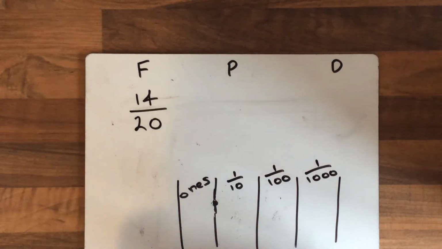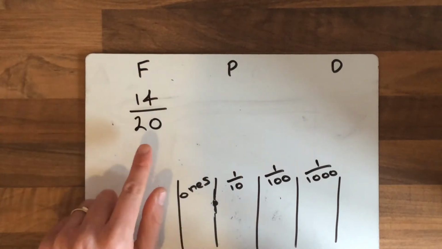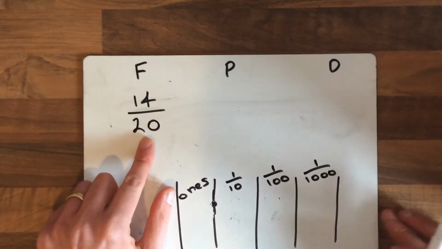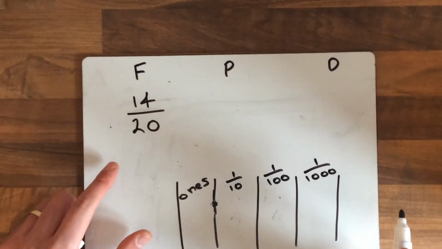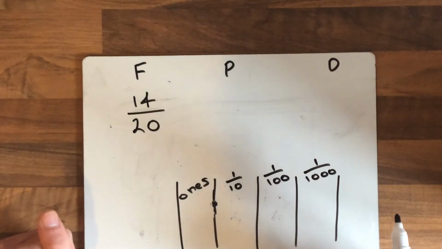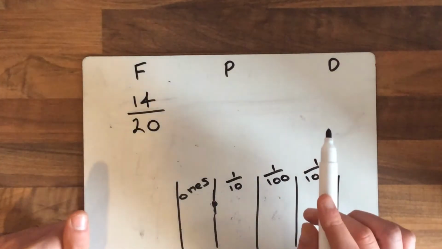Okay then, so we've got 14/20. Now percent is measured out of 100, and this number is clearly not 100. So what do we need to do to turn it into 100? We need to multiply it by a number. Several different ways you could do this. You could do 100 divided by 20 to work out what that is.